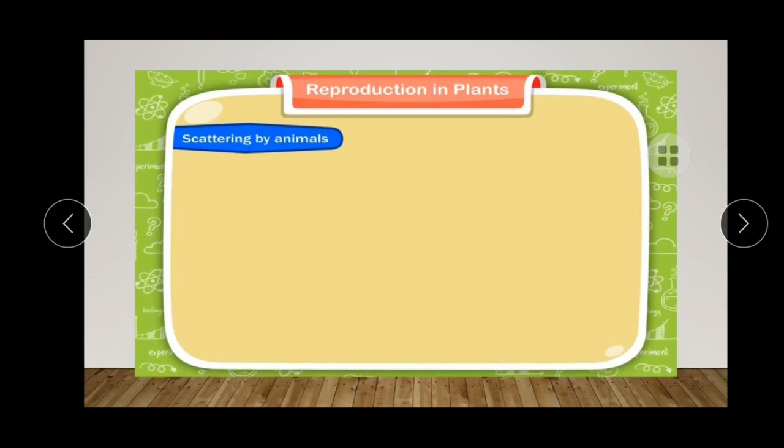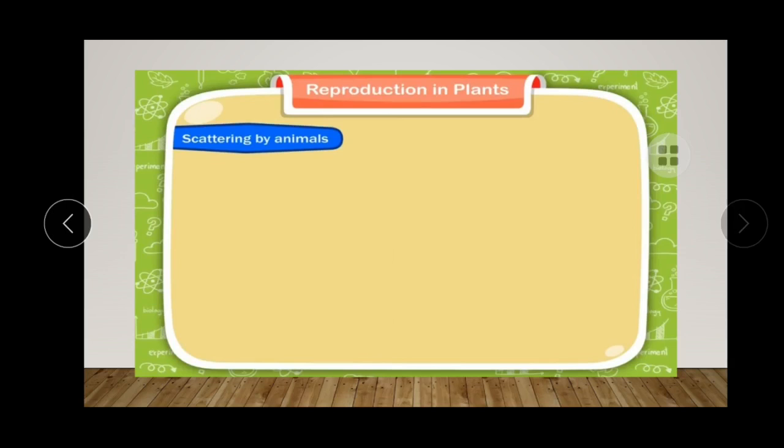Next is scattering by animals. Animals eat fruits which have seeds. Humans also do that. When we are eating fruits, the seeds are thrown away.